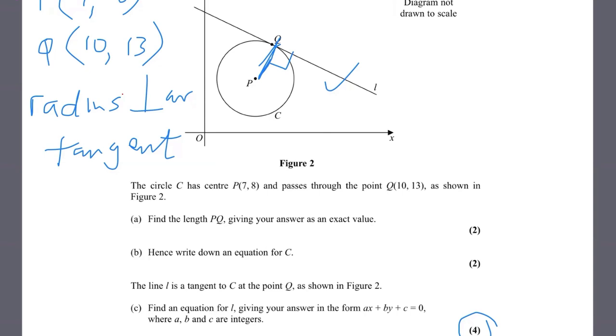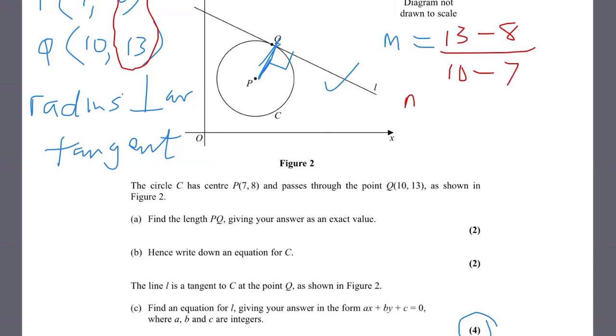Now, once they are perpendicular, we can find the gradient of the radius. The gradient of the radius is the change in y divided by the change in x. So we're going to have 13 minus 8 divided by 10 minus 7.